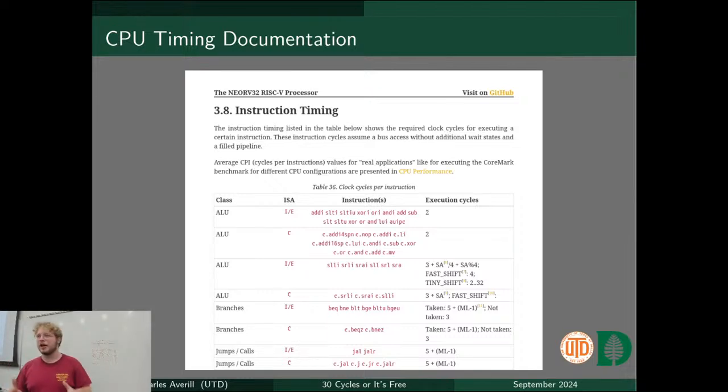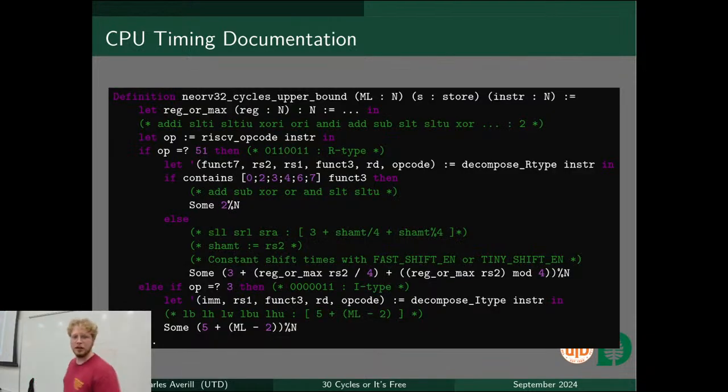I can plug that into my verification system and I can write a function that takes in an instruction, and a capital N means it's a binary number because that's what instructions are, right? They're just binary numbers. I do some decoding for it, and I say that if the opcode is 51, then this is an R type, and I know that if the func3 is one of these things, then it must be an add instruction, and add instructions take 2 cycles, so I return sum 2.